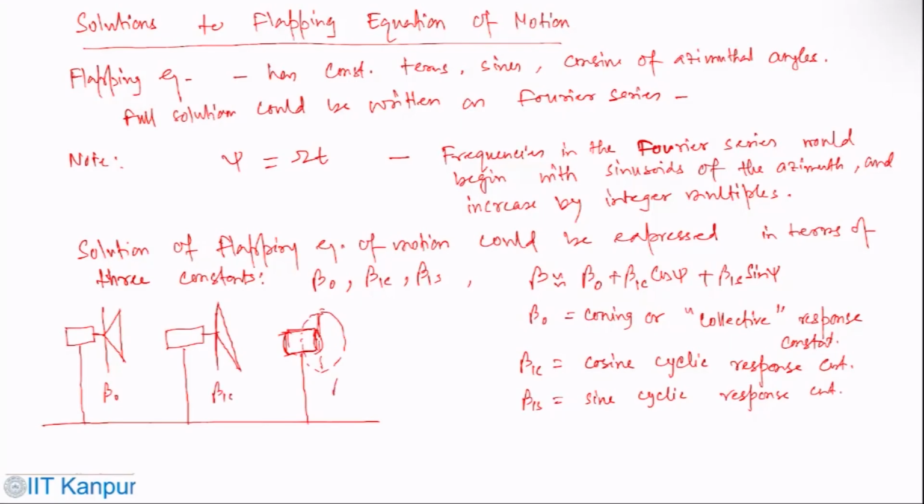This would be beta 1c, beta 1s. So here beta naught is the collective response constant, beta 1c the cosine cyclic response, and beta 1s is the sine cyclic response. So this is the illustration of terms. As we said, it is important to consider the directional effects of the different terms in the solution.